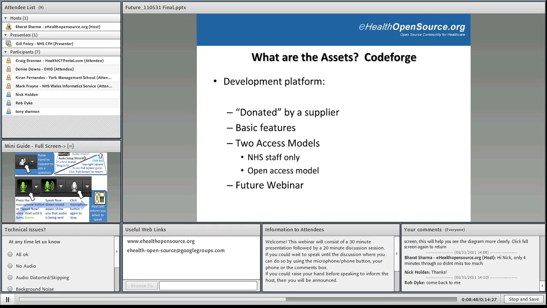We're certainly going to sponsor this infrastructure by donating the capacity for the foreseeable future, and support the 2 access models that we're speaking about there. And I hope that we will have more details on this in a future webinar, when perhaps we will be bringing in other open source code that has been developed by CFH and other healthcare organisations onto that particular forge.